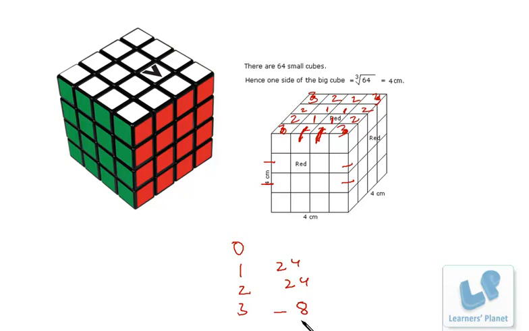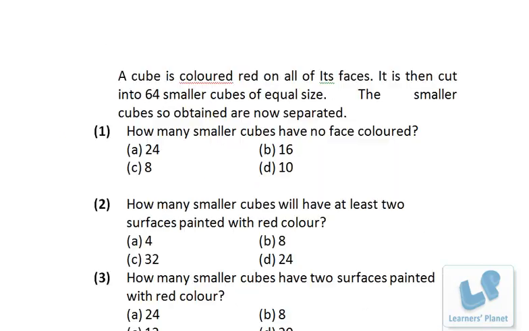In all there are 64. So remaining 8 are having no face as painted. Okay, so 8, 24, 24 and 8. Now we are done. So it's 0, 1, 2, 3, 8, 24, 24, 8.